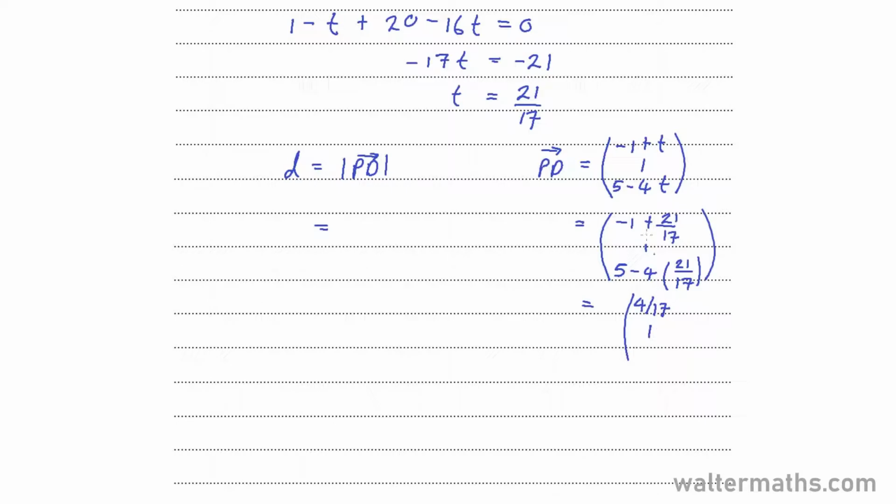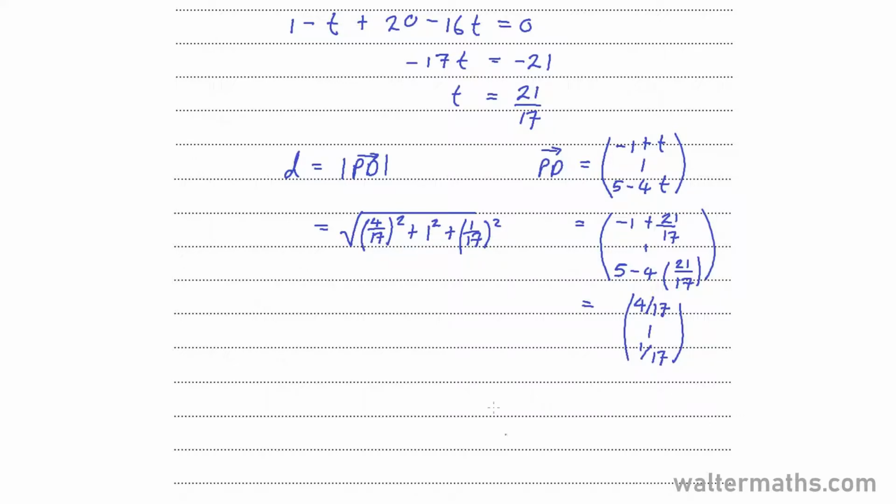Then we have 1. Then 5 minus 4 of 21 over 17 is 1 over 17. So to find the modulus of PD, that will just be the square root of 4 over 17 squared, plus 1 squared, plus 1 over 17 all squared.